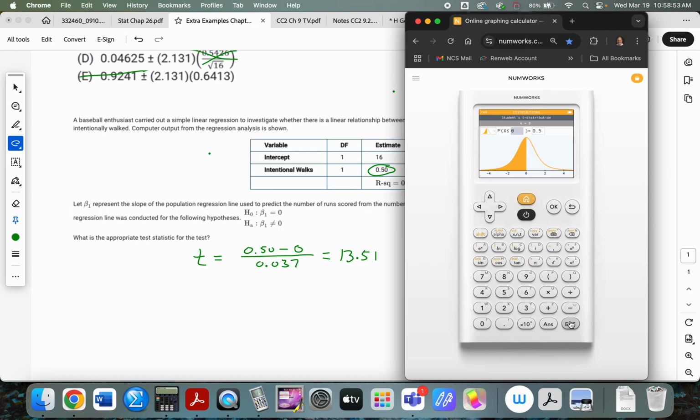Remember that? You can't just glance at one of these and go, I know that it's normal, I know that it's a student's t. They look pretty similar. Does that help?